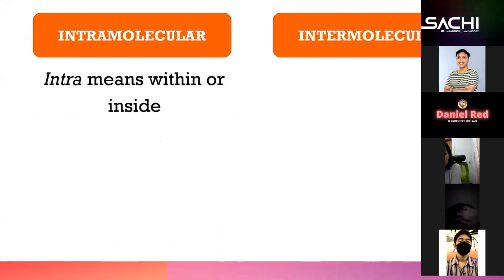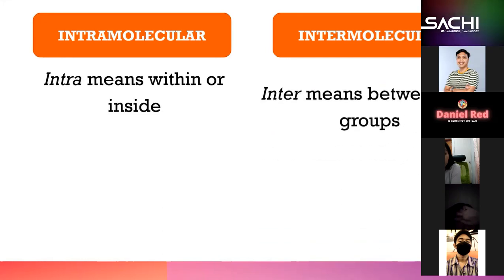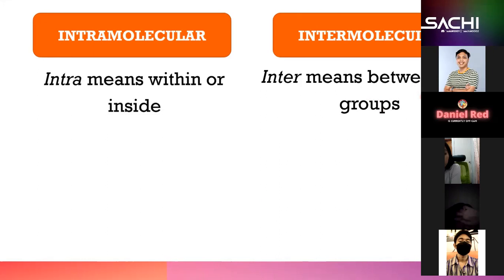The term intra in intramolecular means within or inside. It means that the forces that keep binding the atom are inside of it rather than on the outside of it. While for intermolecular, inter means between two groups.